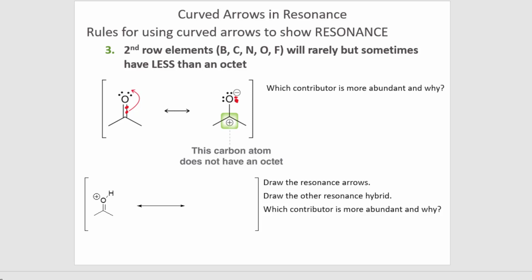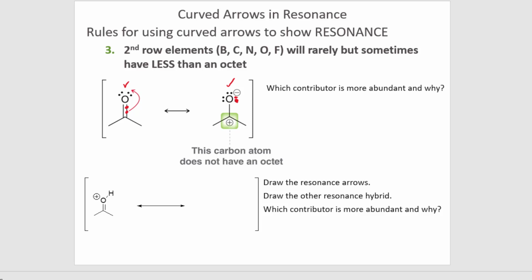Everybody's okay, right? The oxygen started with an octet, and it still has an octet, albeit now it's outside of its bond trend. The oxygen now bears a negative charge because it has a lone pair instead of a second bond. But we're still okay because oxygen is fine with its octet.